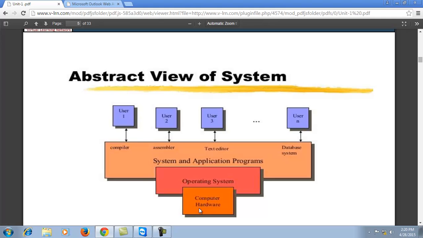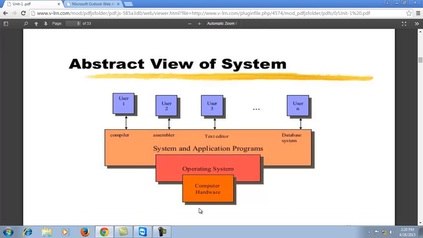Suppose we give a command to shut down the system, like Alt F4, and close all the applications. That task is performed by the operating system, accepting the input and request from the user, and the same command is transferred to the hardware devices, and all the devices get shut down at the same time. This is the abstract view of our system.